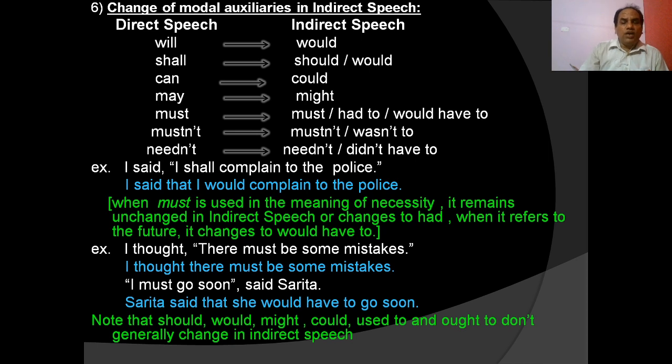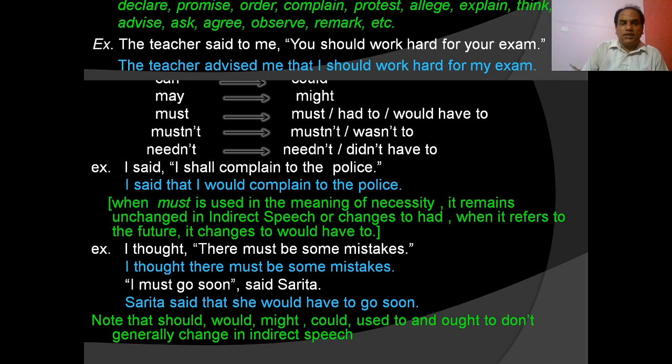When must refers to the future, it changes to have to. I must go soon, said Sarita. Sarita said that she would have to go soon. Note that should, would, must, might, could, used to, and ought to do not generally change in indirect speech.